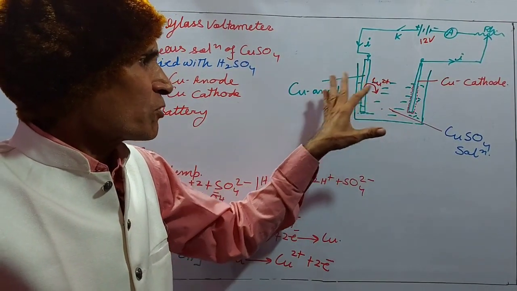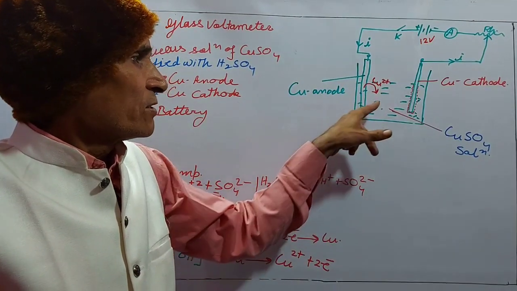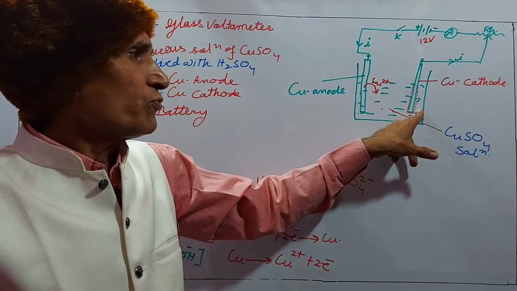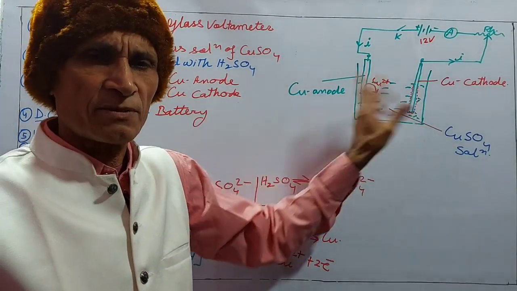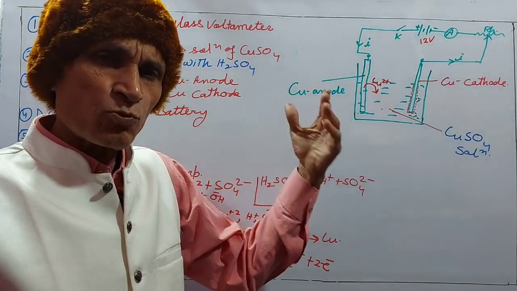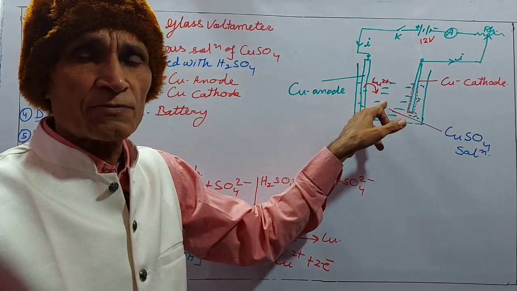As the electrolysis proceeds, copper ions discharge at the cathode to form reddish brown copper metal, and copper ions are also produced from the anode.